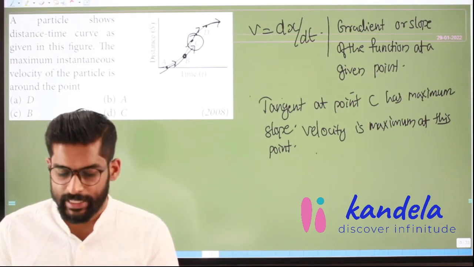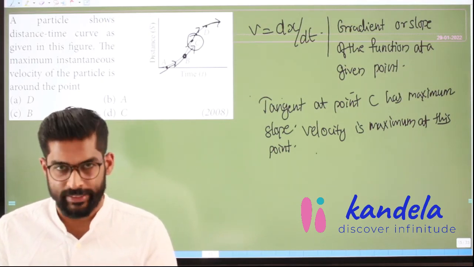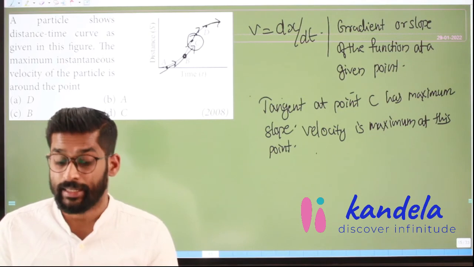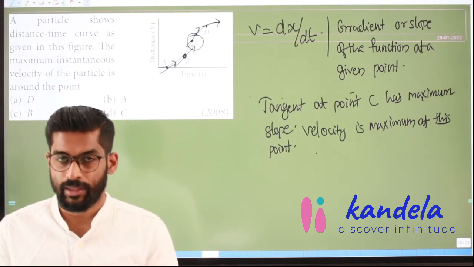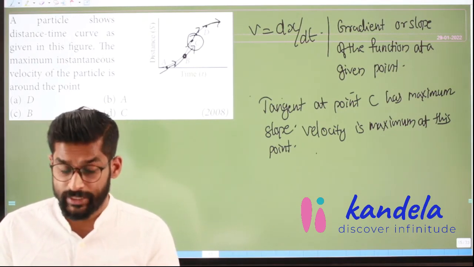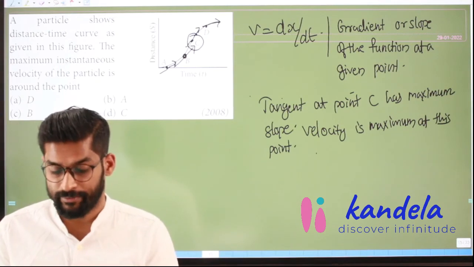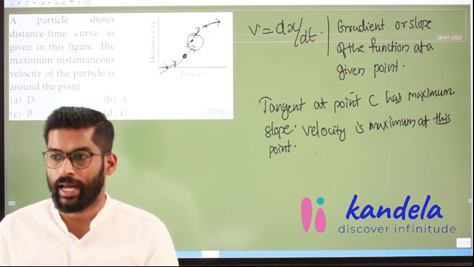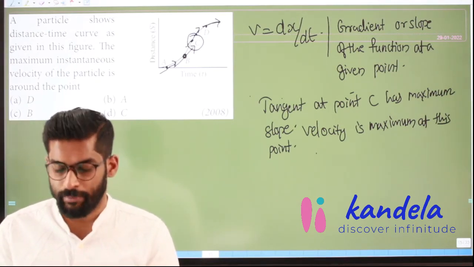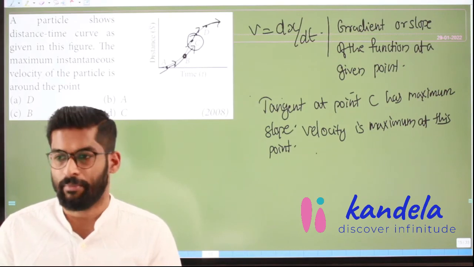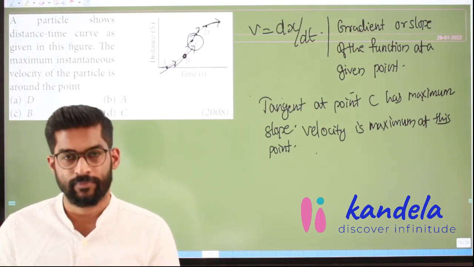Now how do we do that in a graphical problem? First step, we draw tangents at each of the given points and look at which of these tangents has the maximum slope. In this case, the tangent drawn at point C has the maximum slope, so the velocity will be maximum at point C.